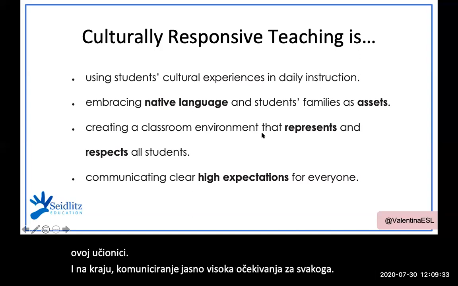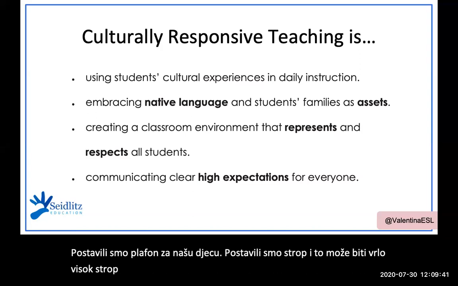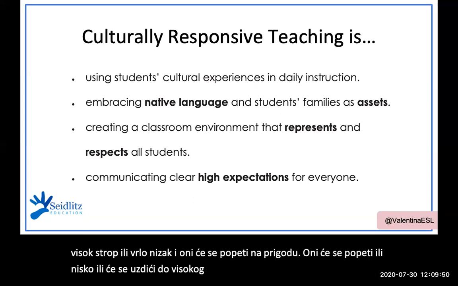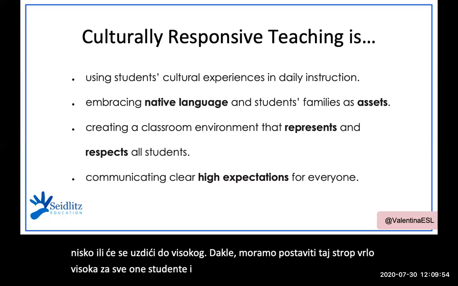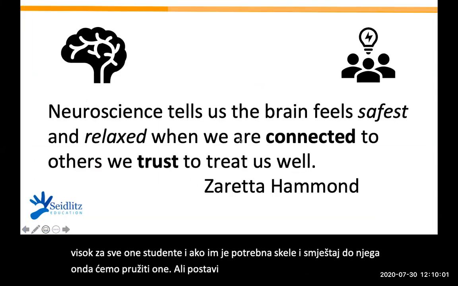We set the ceiling for our kids. We set the ceiling, and it can either be a very high ceiling or a very low one, and they will rise to the occasion. They will rise to either the low one or they'll rise to the high one. So we have to set that ceiling very high for all of those students. And if they need scaffolds and accommodations to reach it, then we provide those. But set those expectations high for all kiddos.